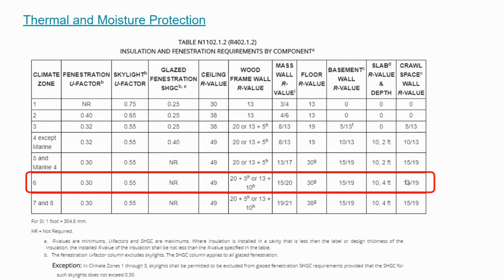And then our slab needs to be 4 feet below our finish grade to reach frost level, and it has to have an R value of 10 protecting it. And then our crawl spaces have an R value the same as our basement, which makes sense, okay?